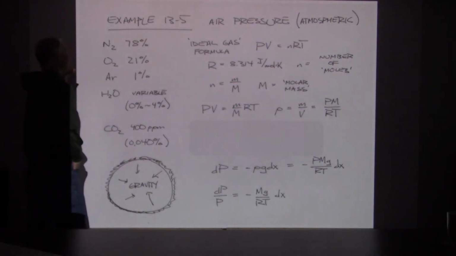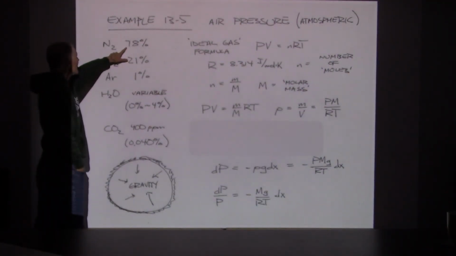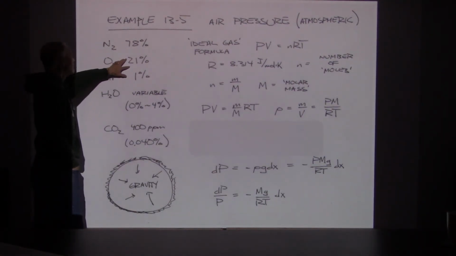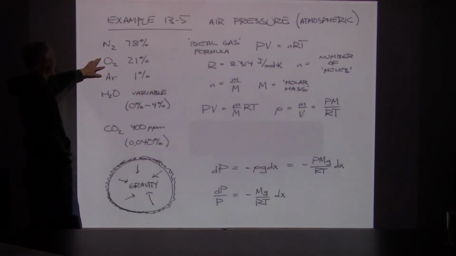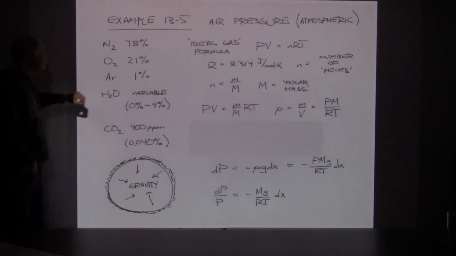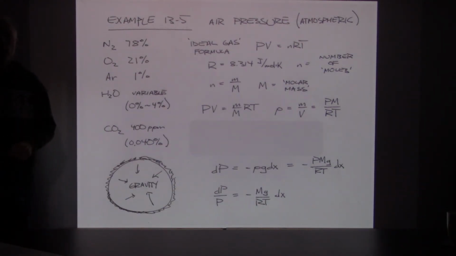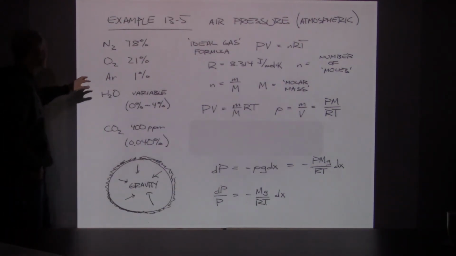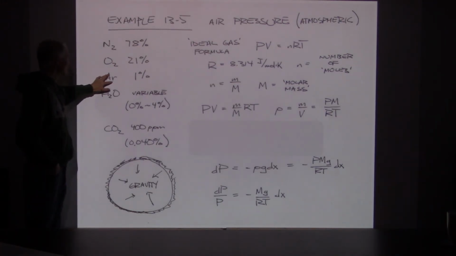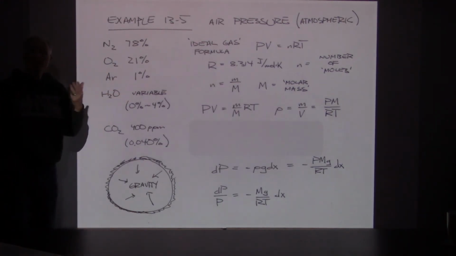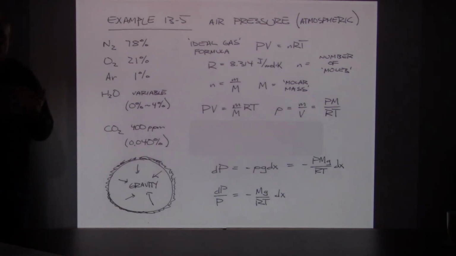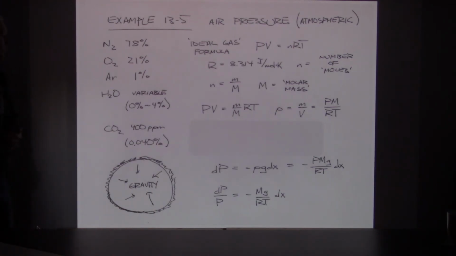By number, about 78% of those molecules are N2, and roughly 21% of the molecules in the air are O2. The other relatively large component of the air is argon. That's kind of interesting. About 1% of the atmosphere is this inert gas, or noble gas, as they're called now.